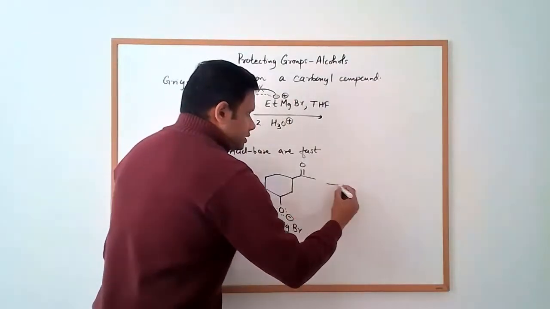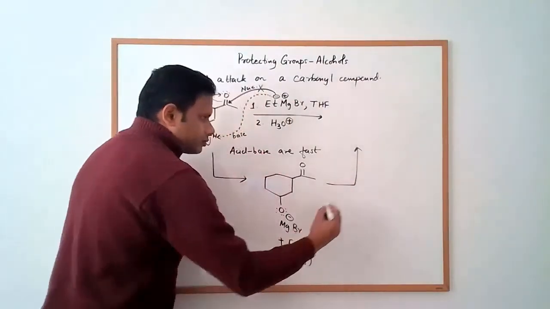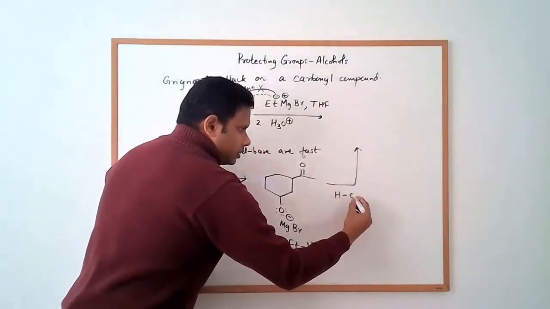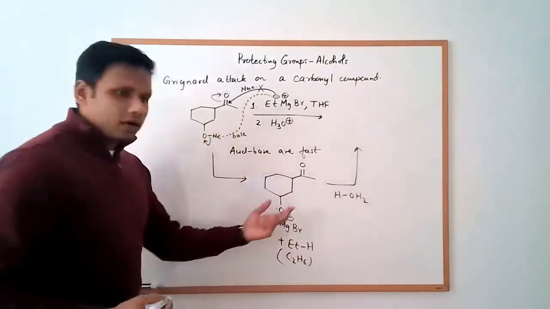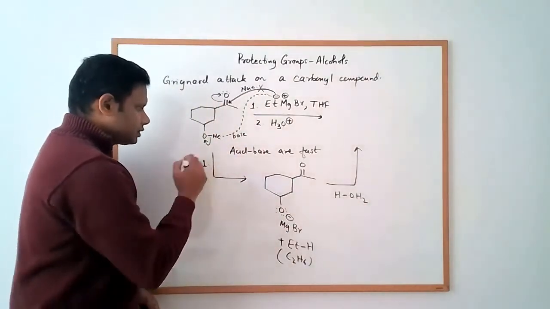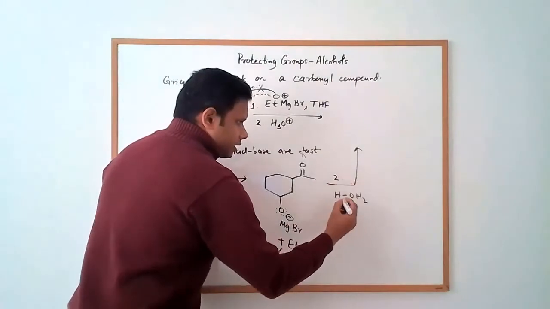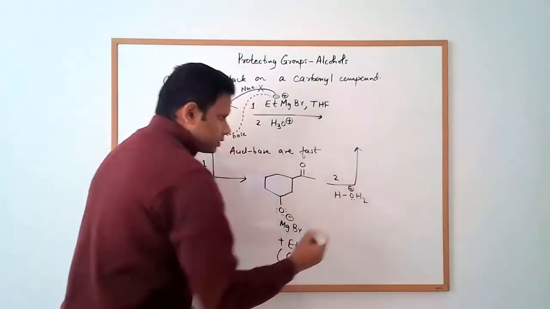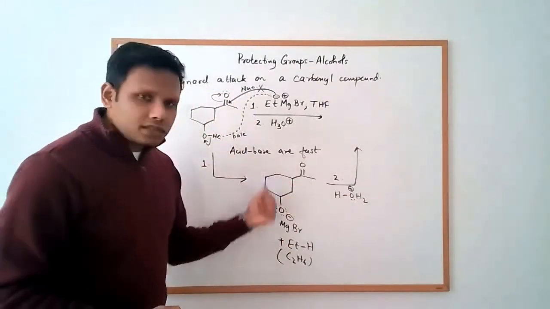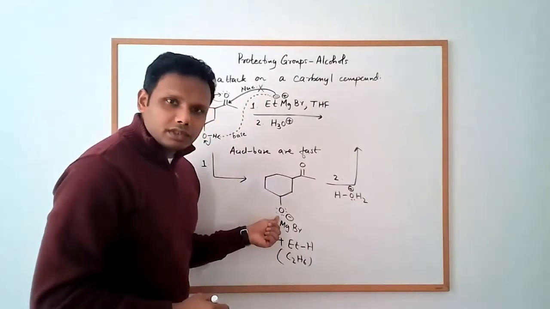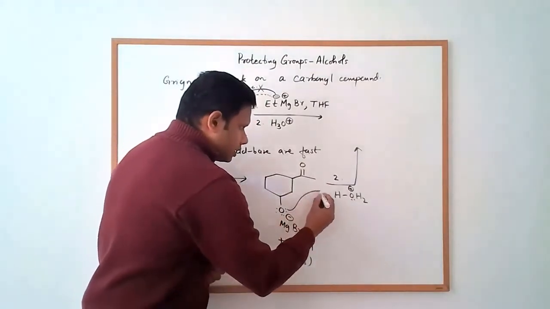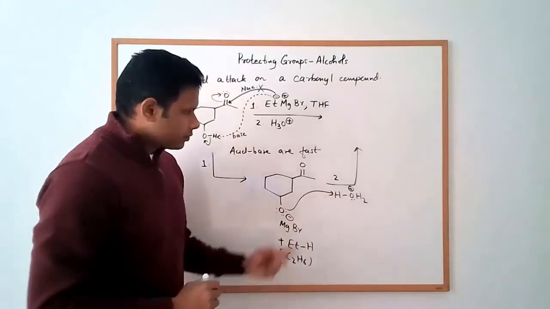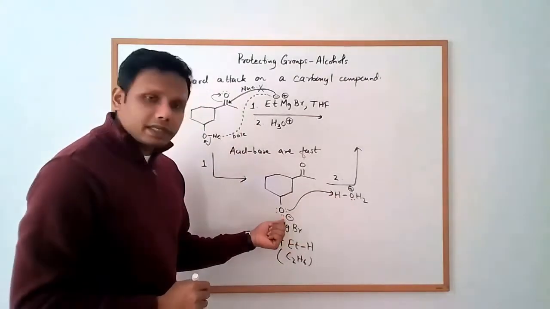And so when you do the second step, which is the hydrolysis part of it. Okay, so this was the first step, and now we are doing the second step. So when you do the hydrolysis on this intermediate, what's going to happen is this O minus is going to get protonated again. It will pick up the proton because that's the base.